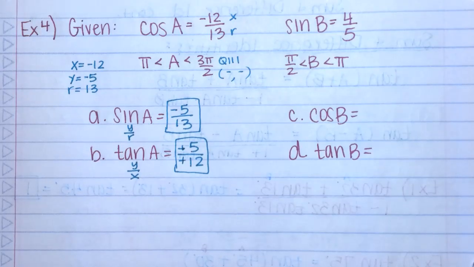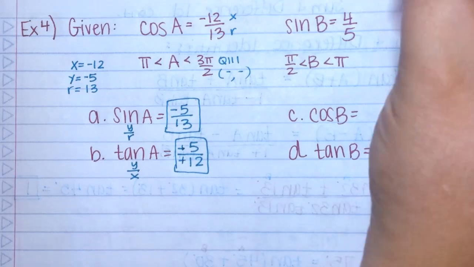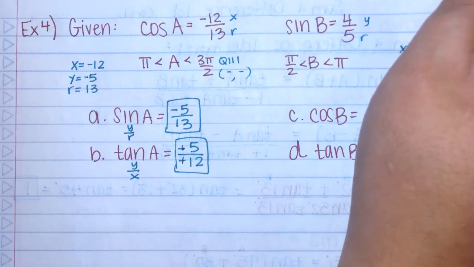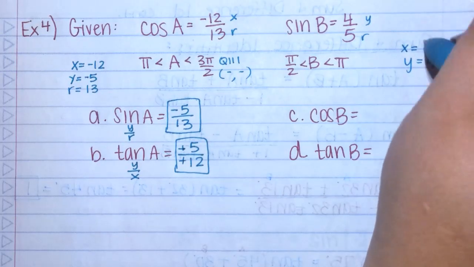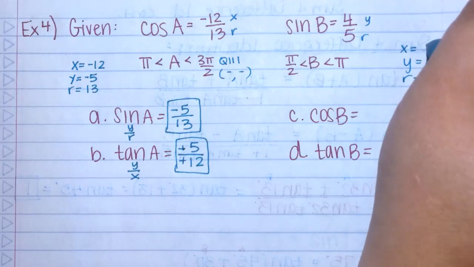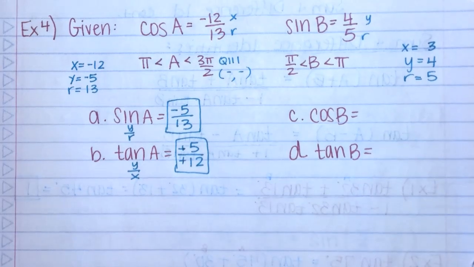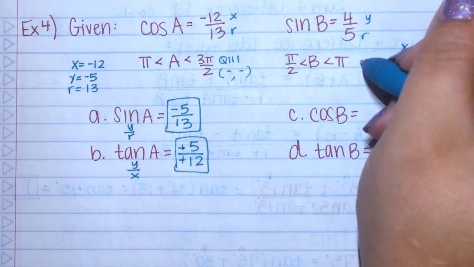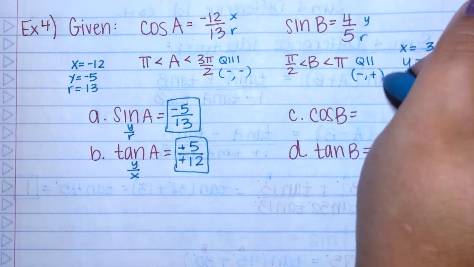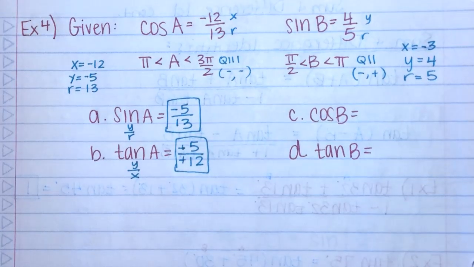We like the next one a lot. What does the next one tell us? Y and R. And y'all tend to love when we have these numbers. Because if y is 4 and r is 5, what is x? 3 is wrong. Negative 3. It is 3 because we are in quadrant what? So it's negative positive, so it is a negative 3.